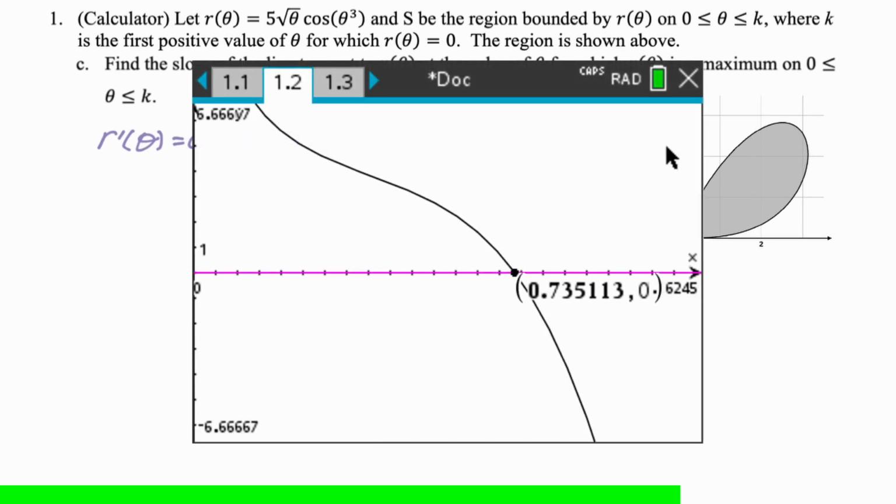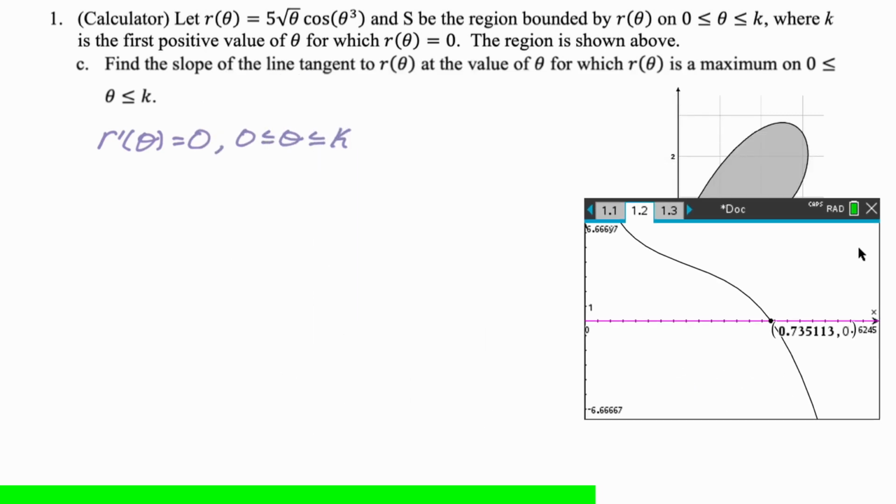I'm going to graph r prime of x in function mode, and find the intersection point with the x-axis. So that's what I've done there. In this case, the theta that we're getting is 0.735113. I named that b because in the previous parts, I accidentally called the value of k a. So I went with b.